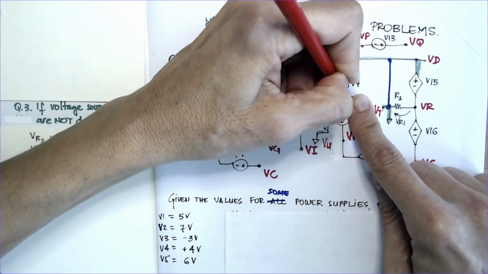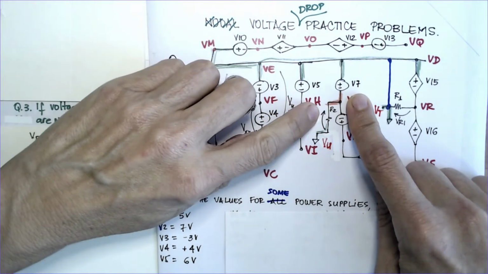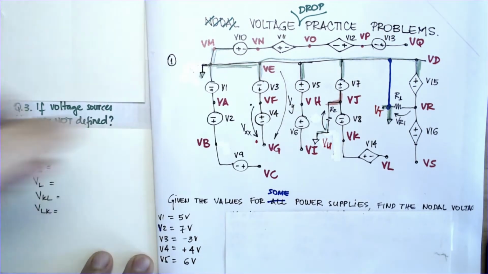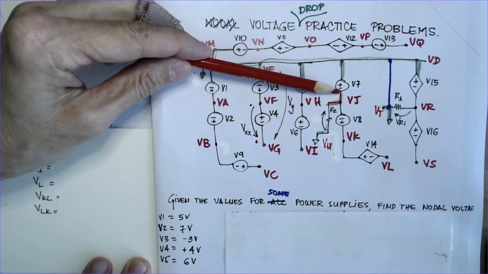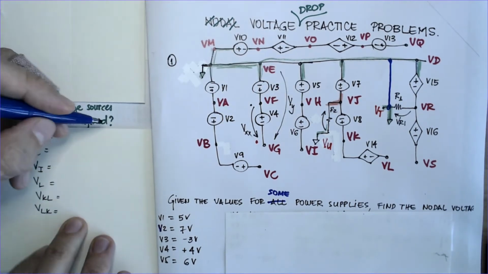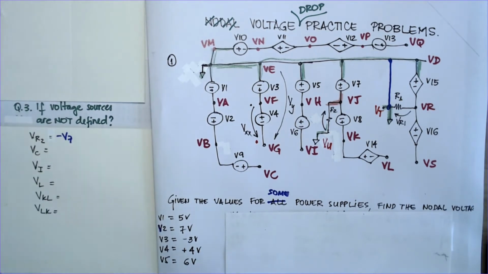So VR2 is in parallel with V7, except the arrow of our abstract multimeter is pointing to the minus side of V7. So really VR2 is minus V7, and V7 doesn't need to be defined. I don't know the value, but whenever you tell me a value, I'm going to do the minus V7 and get you the voltage.